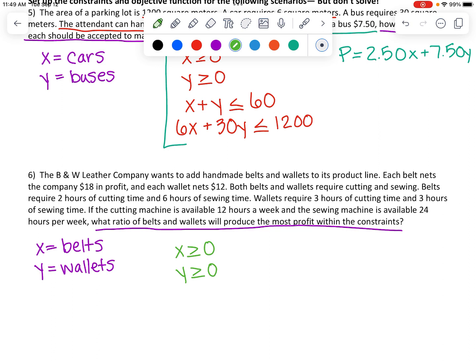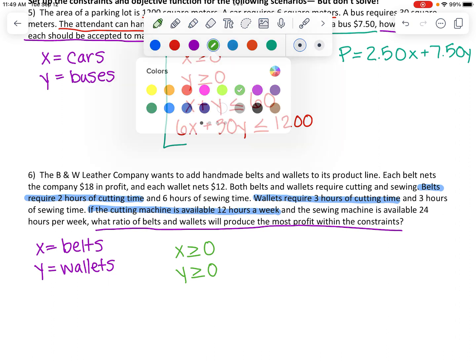So the next thing I want to look at is it talks about how the belts require 2 hours of cutting time and the wallets require 3 hours of cutting time. And the cutting machine is available 12 hours a week, okay? So this one's a little trickier because the different information is all broken up throughout the problem.